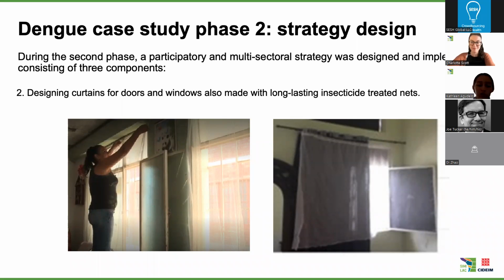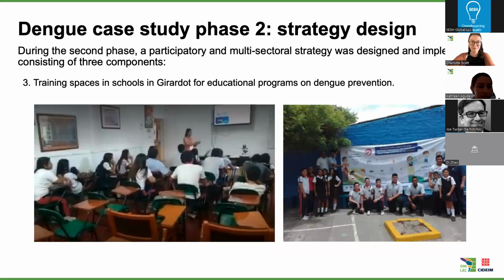The tailors from the community fabricated the curtains for the doors and windows. And the third component was the training spaces in school in Girardot for educational programs on dengue prevention. That is really related with what you said about the educational programs or children ambassadors. So you were really close.